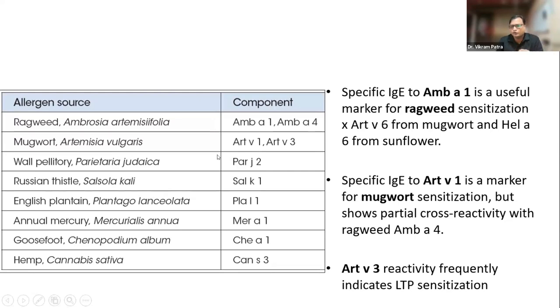So this is the use of the CRD, where we can get therapeutic guidance and appropriate therapy can be done. And this Art v 3 is an LTP, so it may even come positive in LTP syndrome patients.